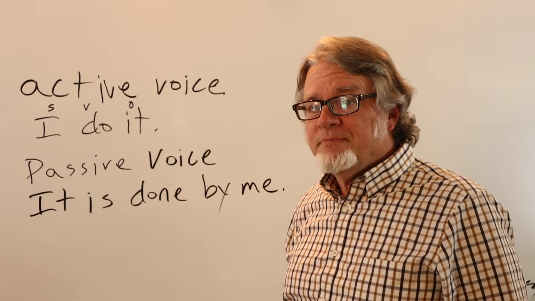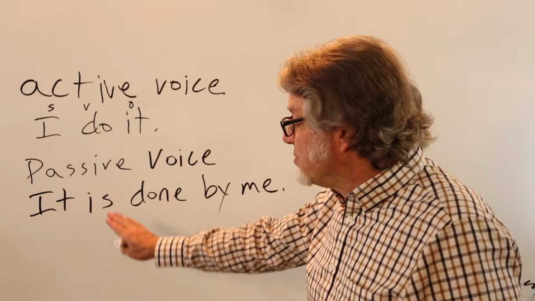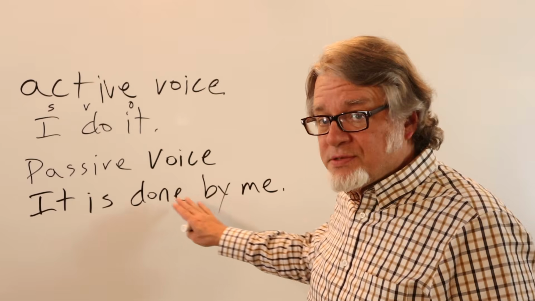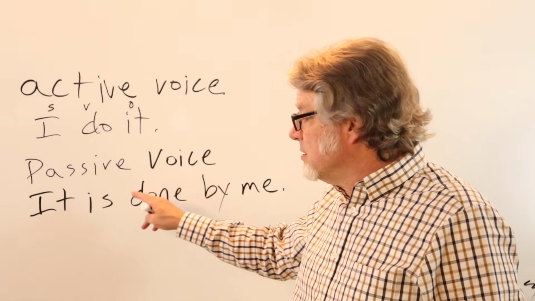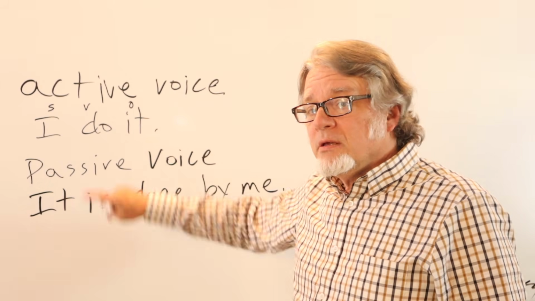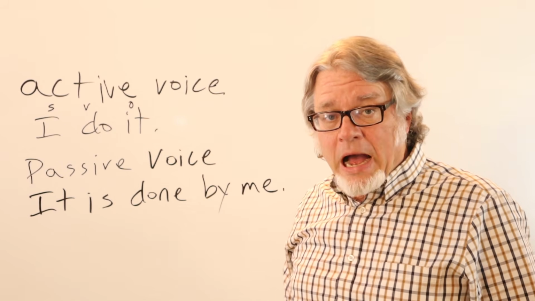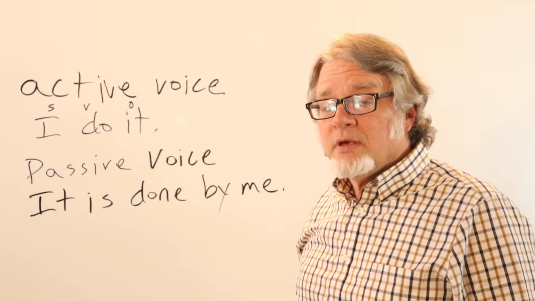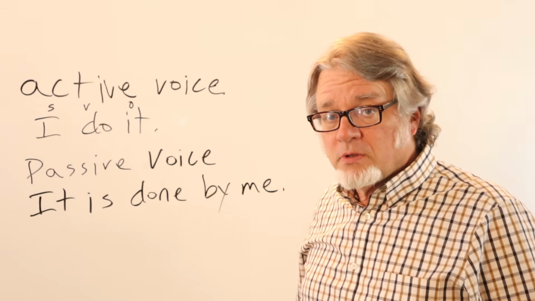"It is done by me." This is kind of an awkward sentence. I wouldn't recommend speaking or writing this way. This is much better. But to know how to use the passive voice can be very useful.